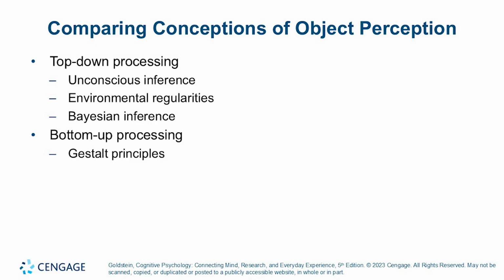As an alternative, we also have the idea of Gestalt perception, which is more of a bottom-up approach, because the people who advanced it believed that the brain was more dependent on built-in structures and sensory information than on using experiences and knowledge to build our perception of the world.